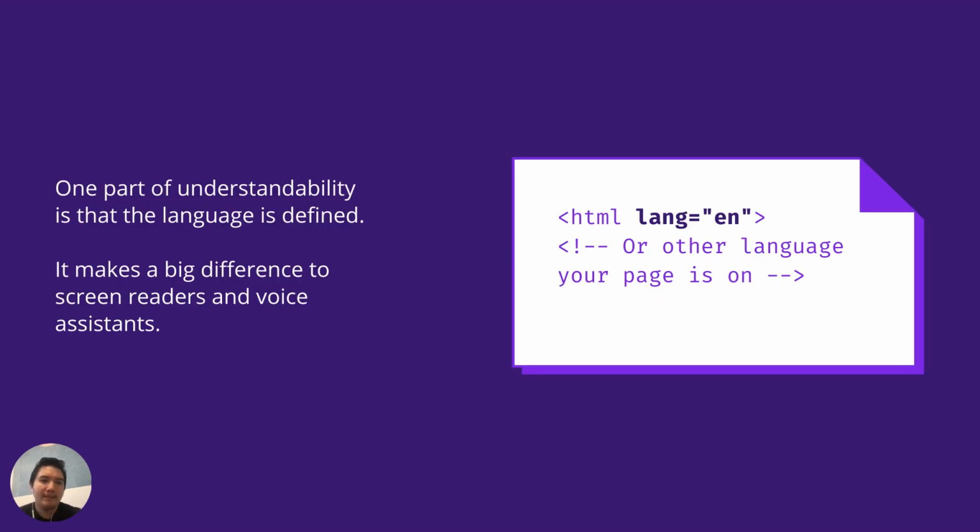So one part of understandability is that the language is defined. It makes a big difference to screen readers and voice assistants. So you want to set the language on the HTML, and if for whatever reason the language changes in some particular section, you can set the same language tag on the element within. It's just really important that the top level element, the HTML tag, has a language equals whatever it is.